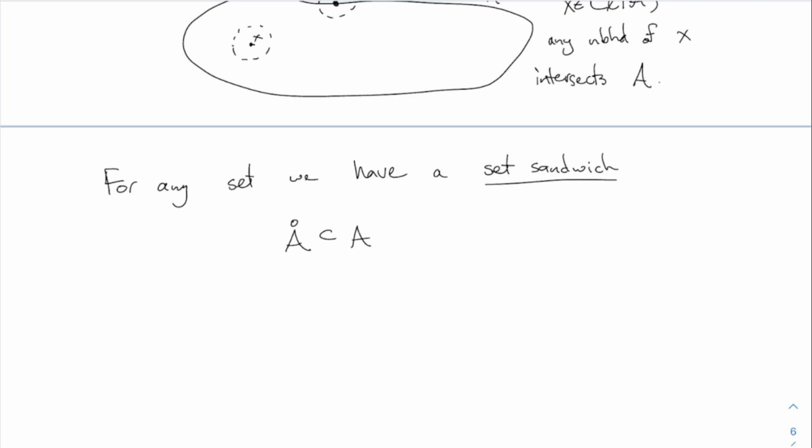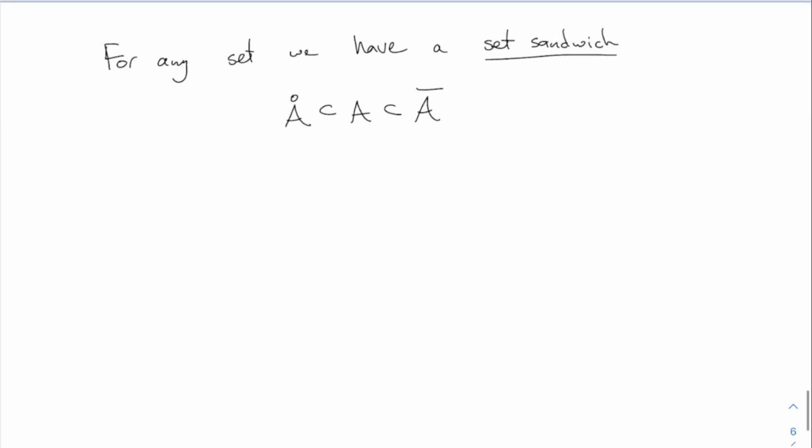The interior is a subset of A, and that's a subset of A closure. The book calls this a set sandwich. The original set is like sandwiched in between the interior and the closure. All right. So the interior is a little bit smaller, and the closure is a little bit bigger. That's the basic idea. When I say a little bit, that's usually the case. Sometimes it's much bigger. Sometimes you take the closure and get the entire space.